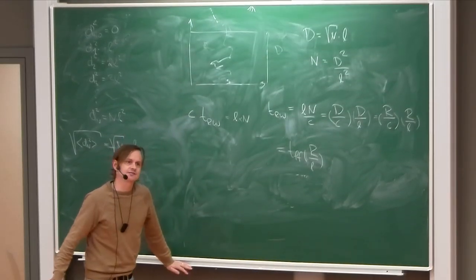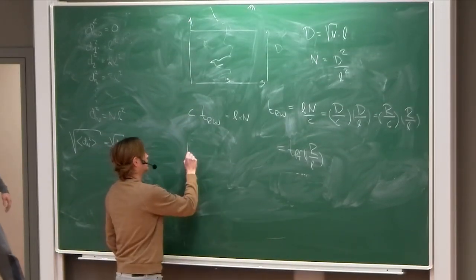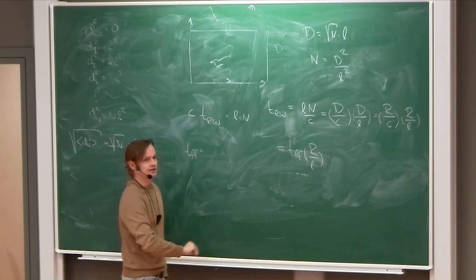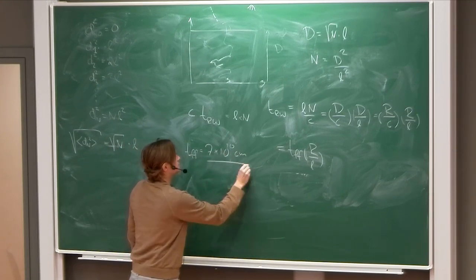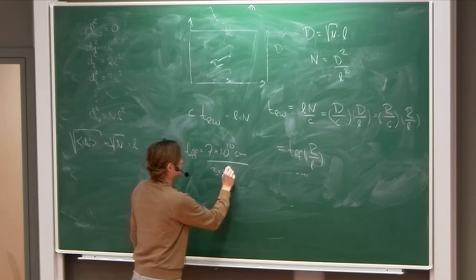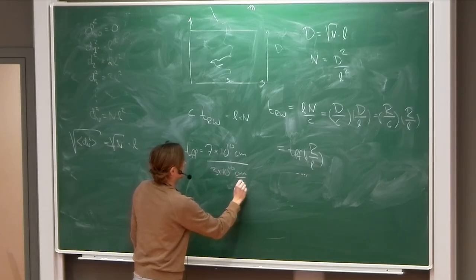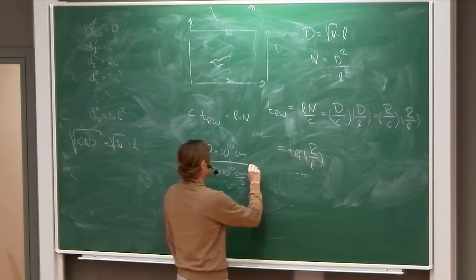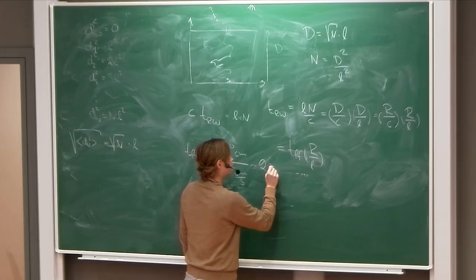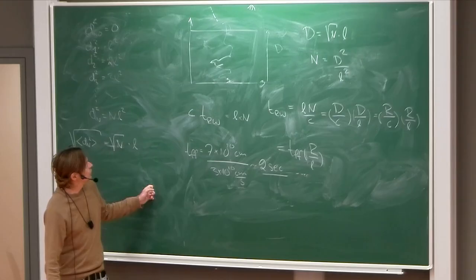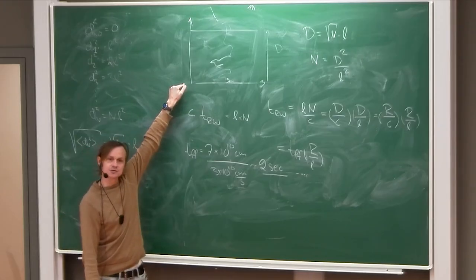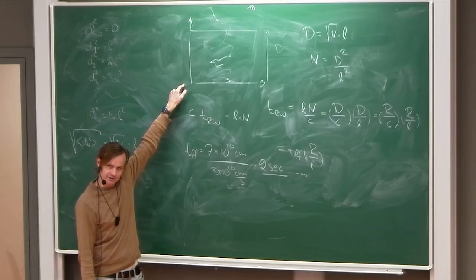We can calculate this for the sun in a simple way. That's just the radius, which we know is 7 times 10 to the 10 centimeters. The speed of light we know is 3 times 10 to the 10 centimeters per second. So this is just on the order of 2 seconds. So it would take the photon roughly 2 seconds if it were free streaming.